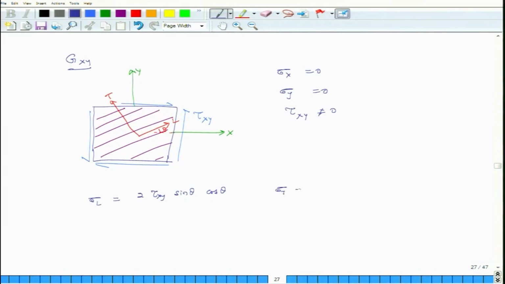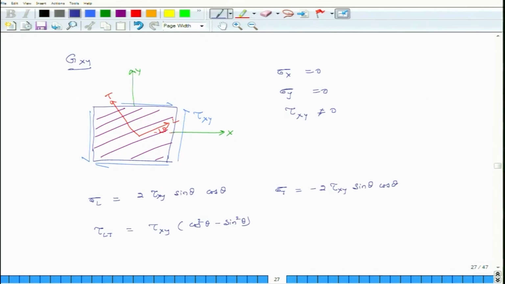Sigma t equals minus 2 tau xy sin theta cosine theta, and shear stress tau LT is equal to tau xy times cosine square theta minus sine square theta.